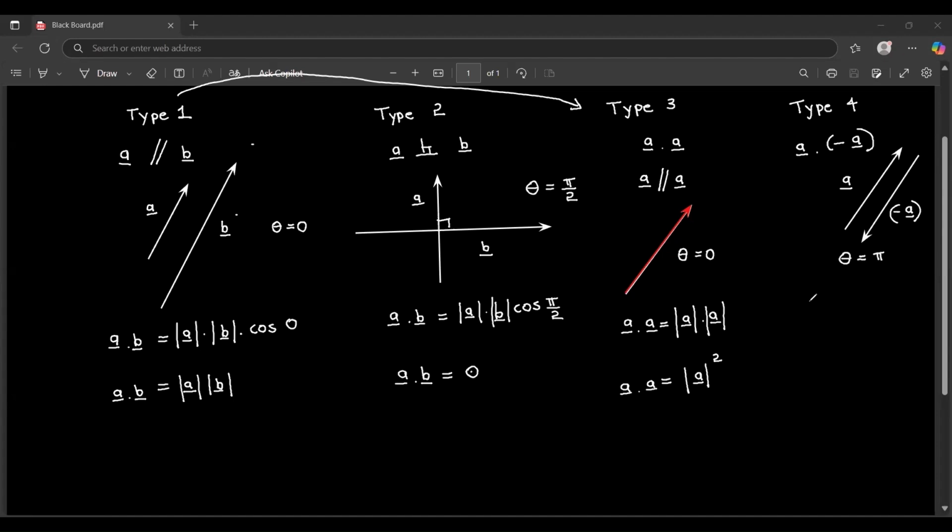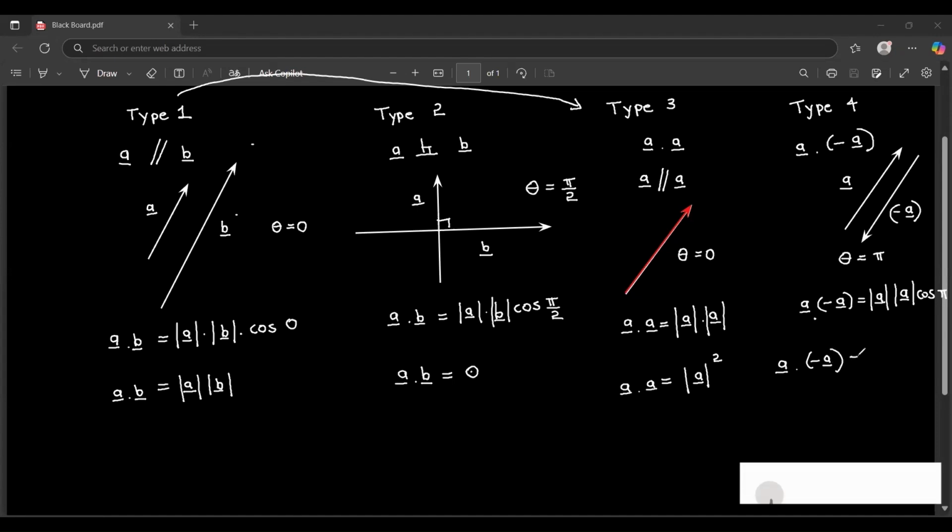If I apply that, I will get A dot minus A is equal to modulus of A, and modulus of minus A is also equal to modulus of A, as we learned in the finding the magnitude lesson. So A into A cos pi, and we know cos pi is equal to negative 1. So A dot negative A is equal to minus modulus of A whole thing squared.